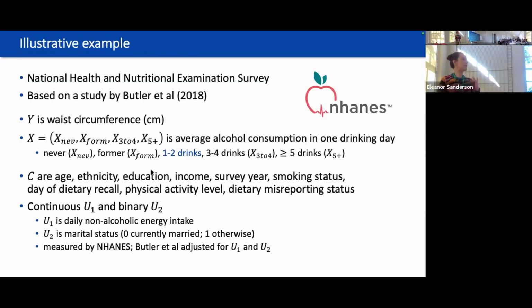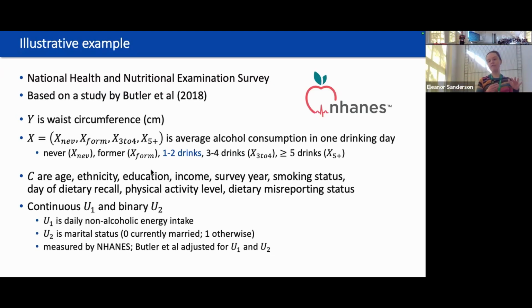So I'm going to describe the bias model in the context of an example. This is data from the National Health and Nutritional Examination Survey, which is based in the United States. We based our example on a study published by Butler et al. in 2018. The outcome is waist circumference, and the exposure is a categorical variable with 5 levels.